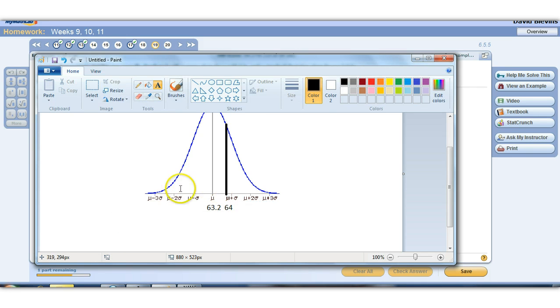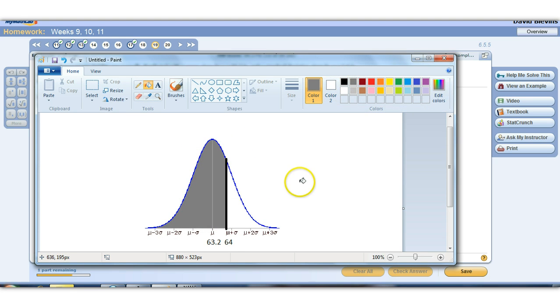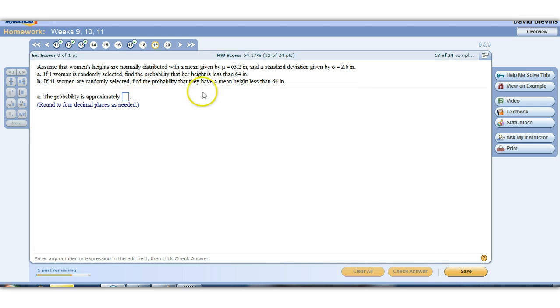Alright, that's what these two numbers mean. I'm going to go ahead and pour this in here to show the shading. So that's what we're looking for on this problem. Below 64 inches. This is in the original distribution of the population. Okay, so that's what we're being asked to find.